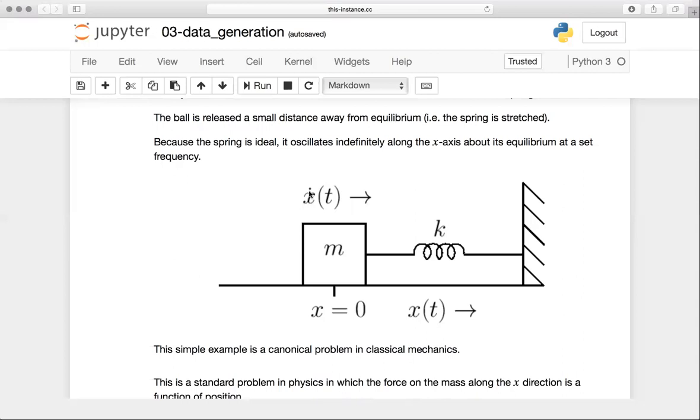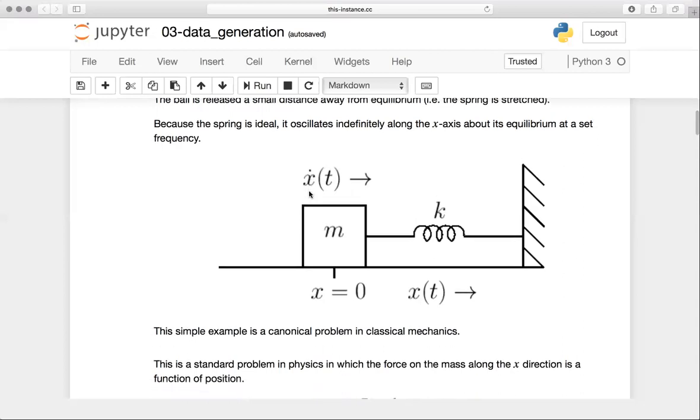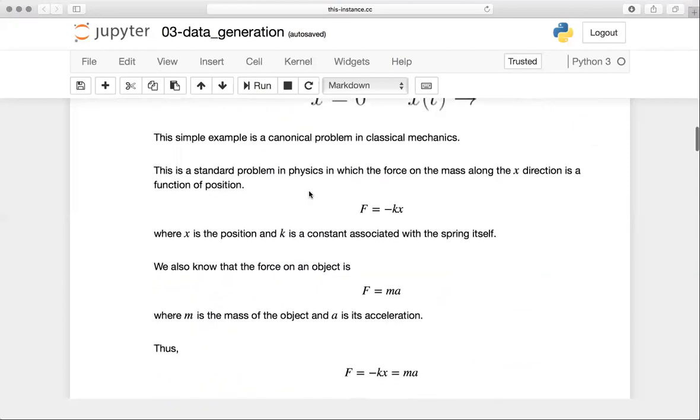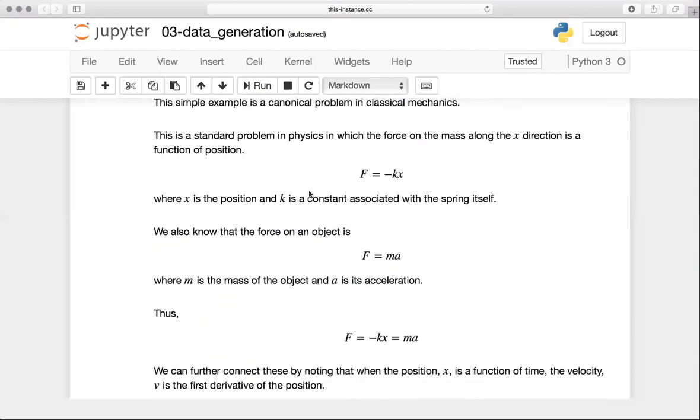If you're not familiar with it, just bear with me, and there will be some useful math in here for you if the physics is a little bit too much. But let's jump in. The standard model for looking at the mass on the end of the spring is to use Hooke's law. The force is a function of the position, and that makes sense. There's an intuition to that.